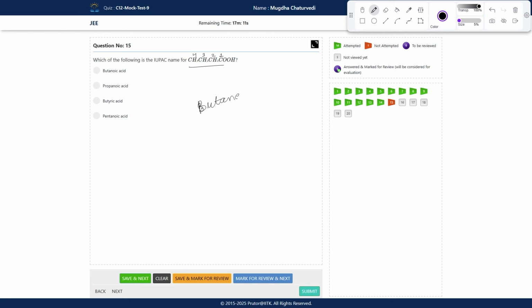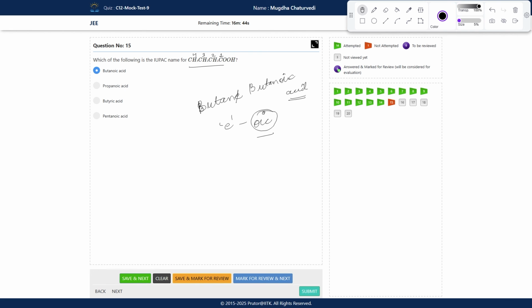When we are naming a carboxylic acid, the E of alkane is replaced by oic. So in this case, the correct answer will be butanoic acid. Remember, whenever you are naming a carboxylic acid, the E of butane is replaced by oic. So the correct option will be butanoic acid.